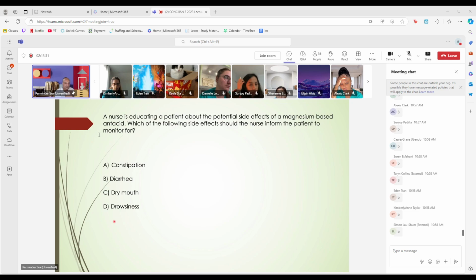Yes, B is the correct choice here. Diarrhea. Magnesium causes movement. Diarrhea. Okay.